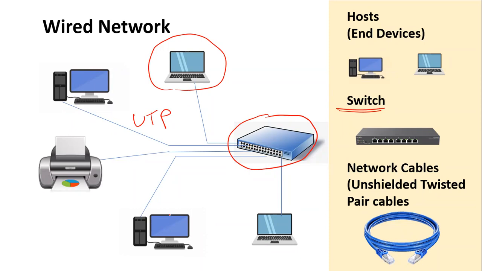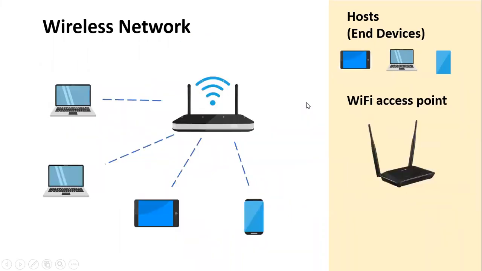Then this computer can communicate with that one, and again it can send data back through the switch to the source computer. Like that, all the communications will happen through this switch, right? Okay. So these are called wired networks.